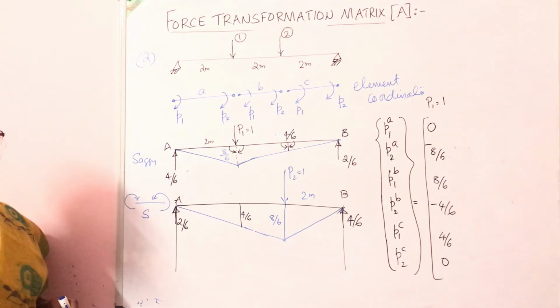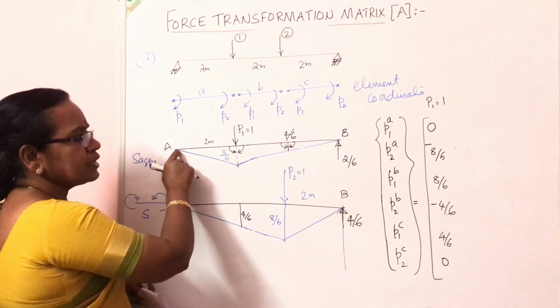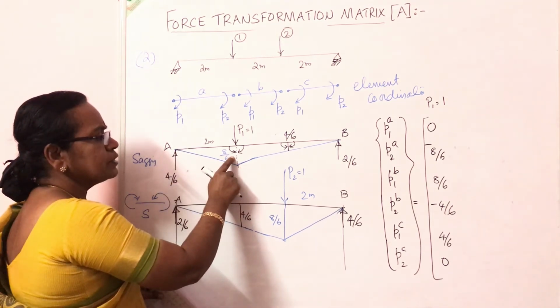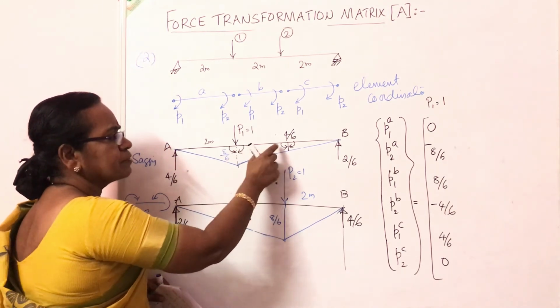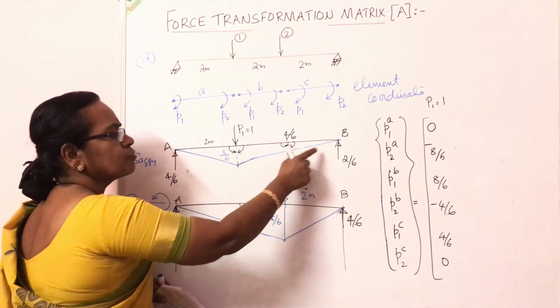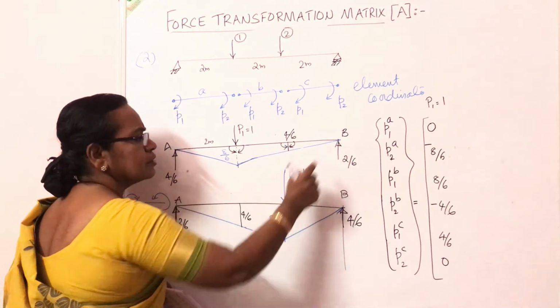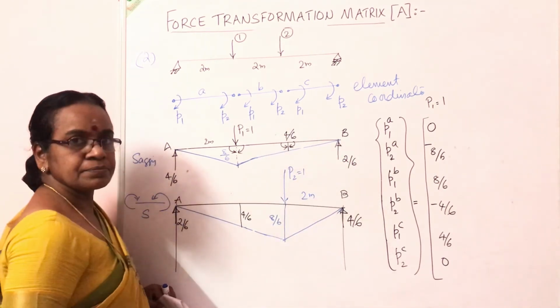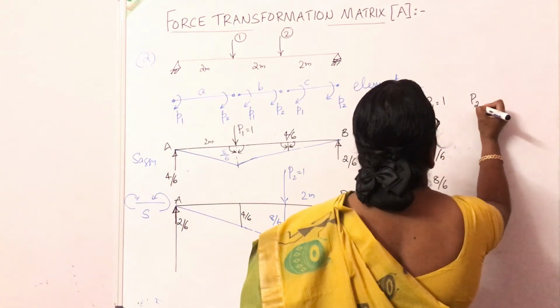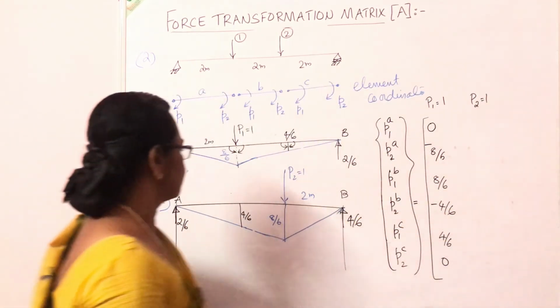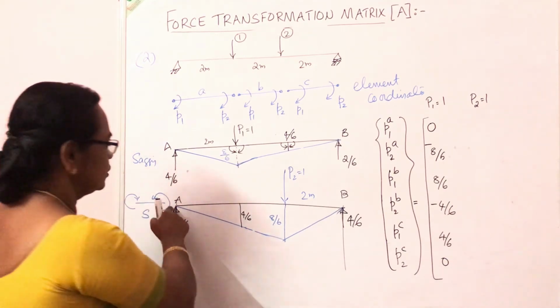So by giving P1 is equal to 1, the bending moment at this point is 0. This bending moment is minus 8 by 6. For the second element, it is plus 8 by 6 and minus 4 by 6. For the third element, it is 4 by 6 and 0. It is written. Similarly, by giving P2 is equal to 1, what are the values? First node, it is 0.